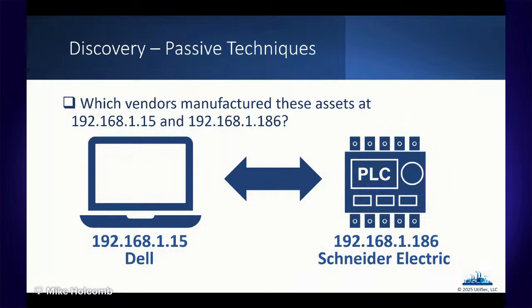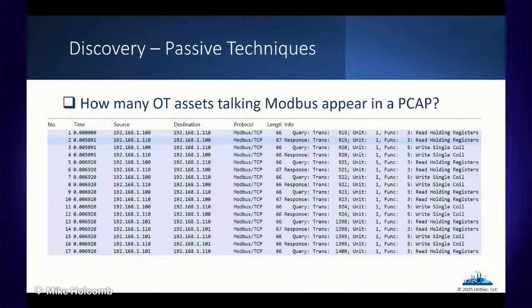And we can see there's Dell, there's our Schneider PLC. But what if we had another packet capture? This is where those statistics reports come in handy, because what if there are many different IP addresses? I think this is number two in the list of packet captures, where there are more than two or three IP addresses, and your eyes kind of blur because you see 100, 110, 101.